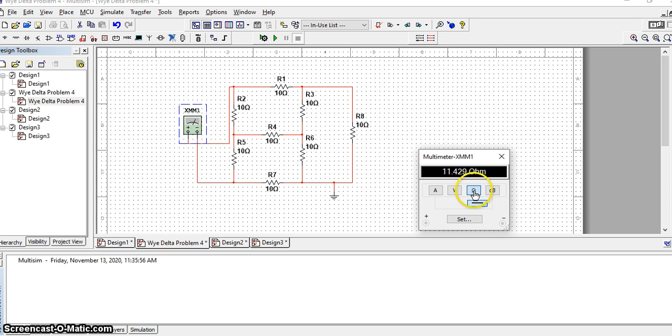You should measure the resistance, so make it the resistance measurement mode. After that, just run it so that these two are A and B. These two points you have to find. So when you run it, 11.429. So 11.43. So you can verify your answers in this manner by using Multisim simulation, whether your method is correct or not.